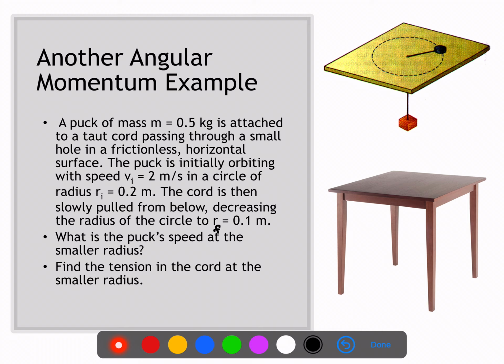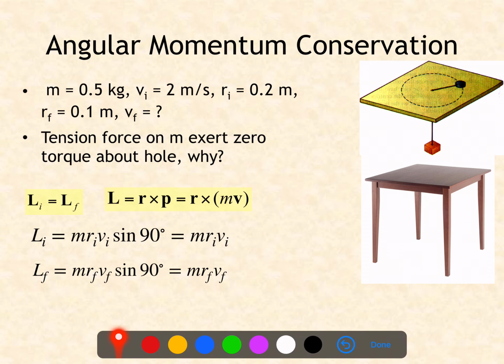And so we want to know what the speed is once this radius has decreased to 1/10 of a meter, and we also would like to know what the tension is on the cord at this smaller radius. So for the first part of this, we're going to use the conservation of angular momentum, and for the second part, we will just use Newton's laws and what we know about tension.